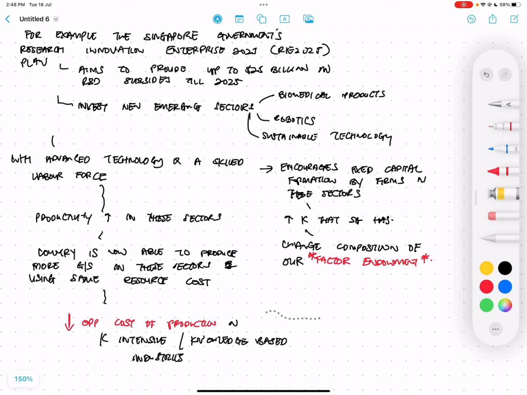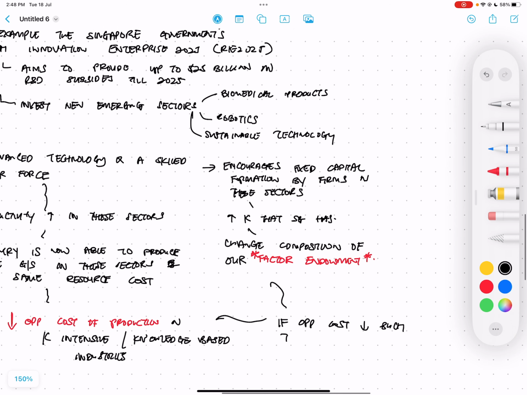So over time, if the opportunity cost decreases such that it is lower than our trading partners', TP's, the country, or in this case SG, gains a new comparative advantage.